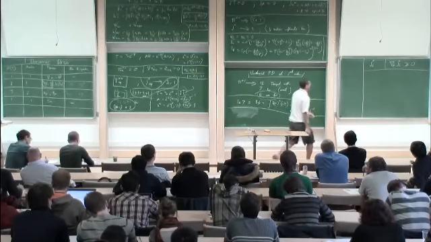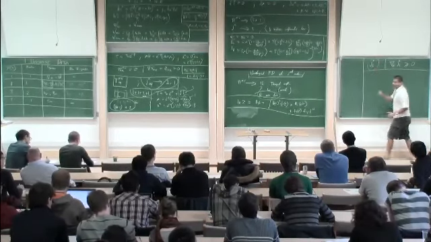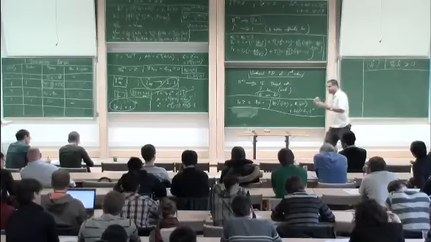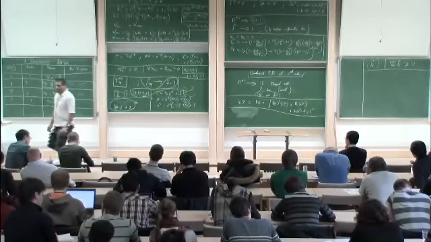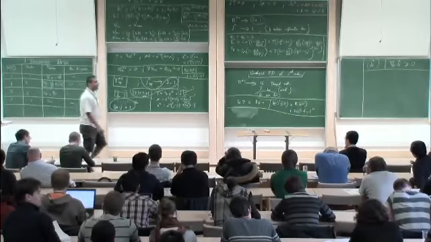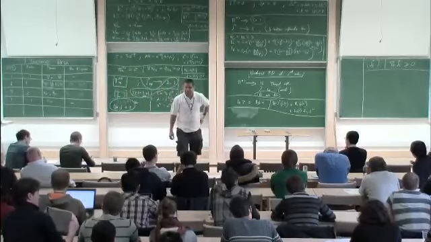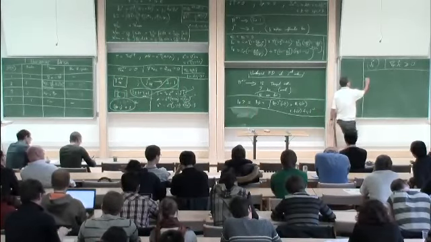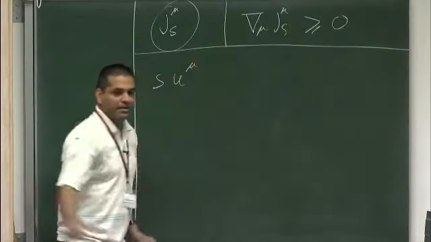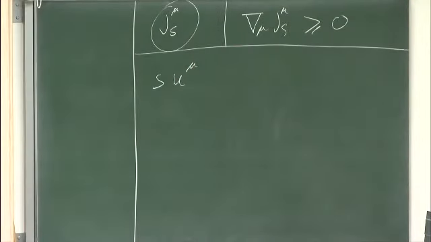Now, if I want to try to make this statement a little more precise, I have to start thinking about what exactly I mean by this entropy current. You might think at first that what I should mean is the entropy density times u^μ. But that's too limited.